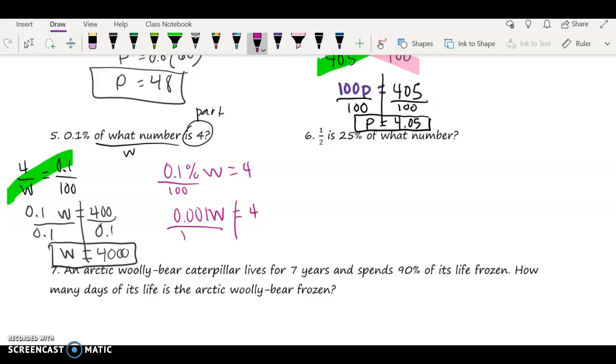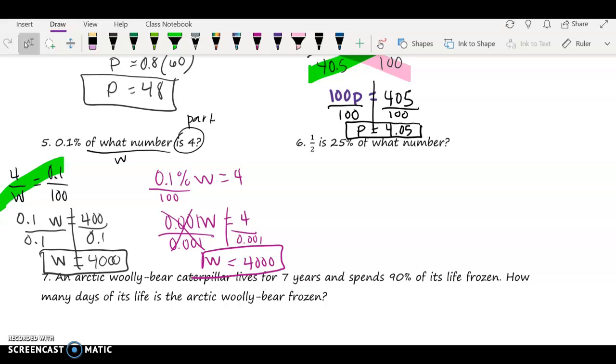I need to divide by my 1,000th. That way those cancel, leaving me with W equals 4 divided by 0.001 equals 4,000. So we got the same answer no matter what method you chose.